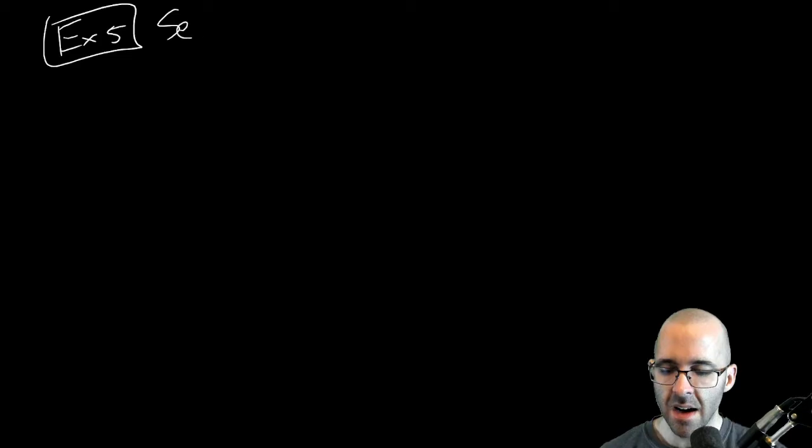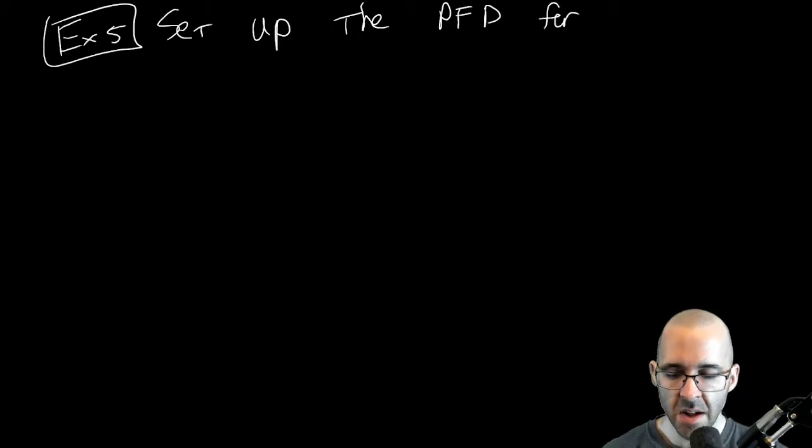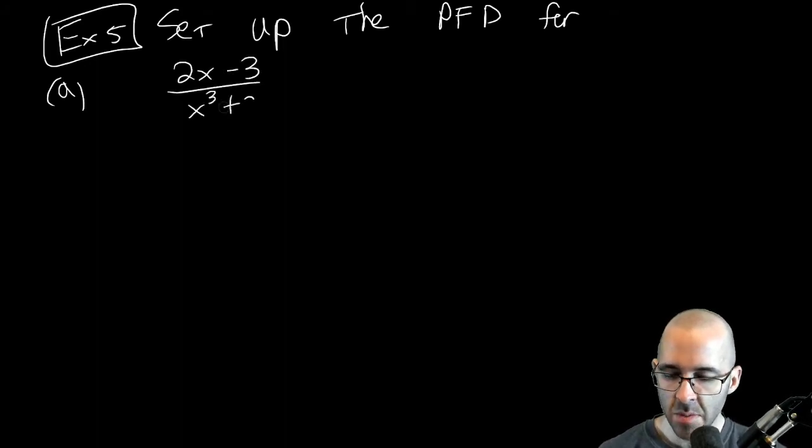Okay. So example 5 is going to be set up. I just want to show you some setups. Set up the partial fraction decomposition for the following fractions. First one is just going to be 2x minus 3 over x cubed plus x.